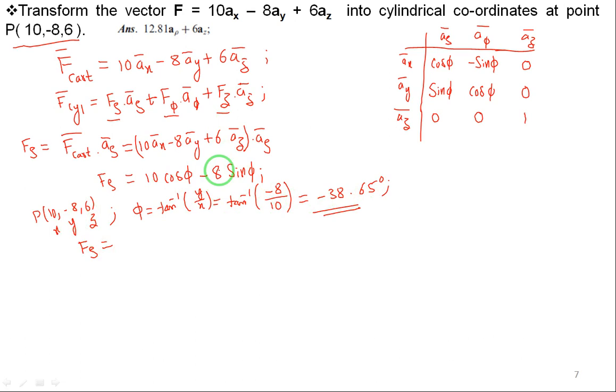I am calculating, so it turns out to be 12.80. This is f rho, what we are getting.